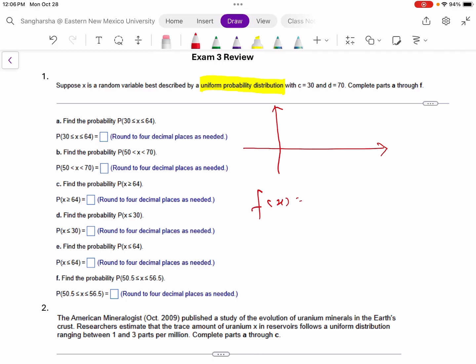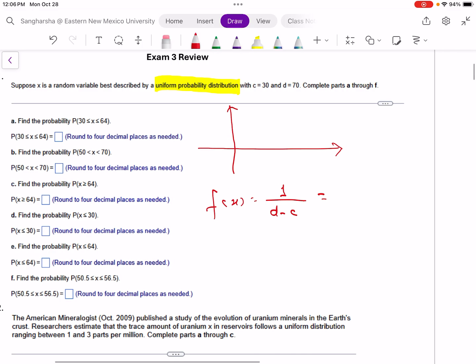The function is given by 1 over d minus c. So it will be provided to you. D is given, which is 70, minus c is given 30, and this is 1 over 40.